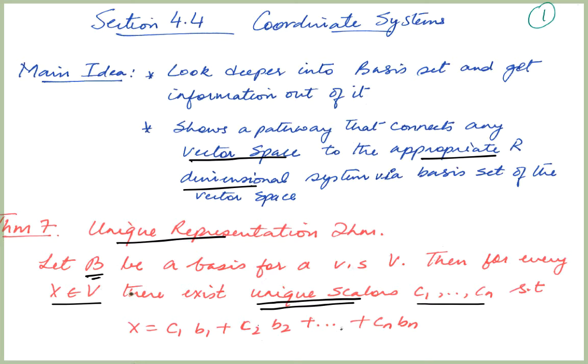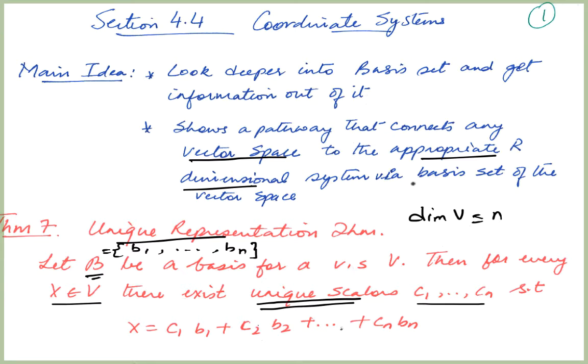Okay, and we're assuming that my basis set has, say, elements b1 to bn. And remember, the number of elements in the basis set is actually the dimension of the vector space. So here, if I say I have n elements in the basis set, then the dimension of V is n. I'm just trying to recollect things we have learned earlier.